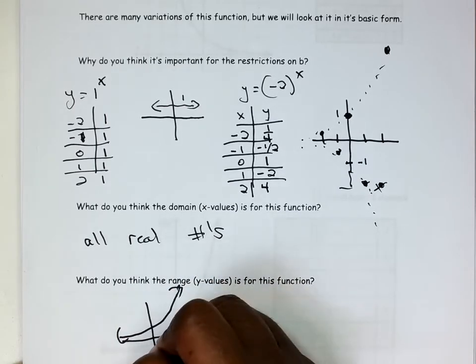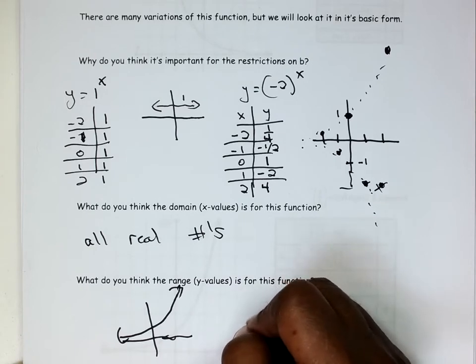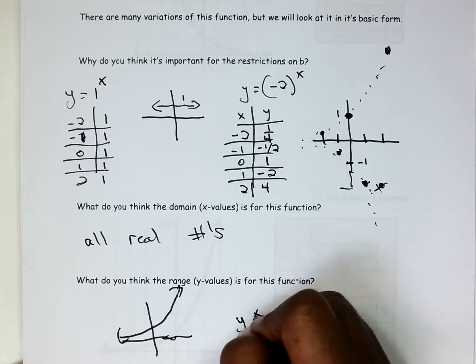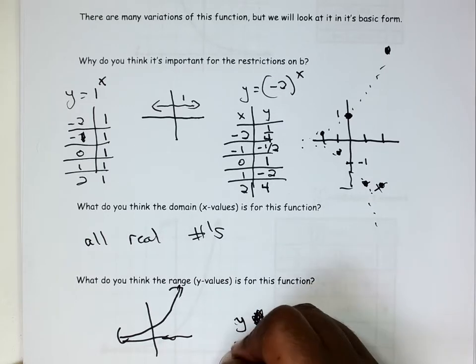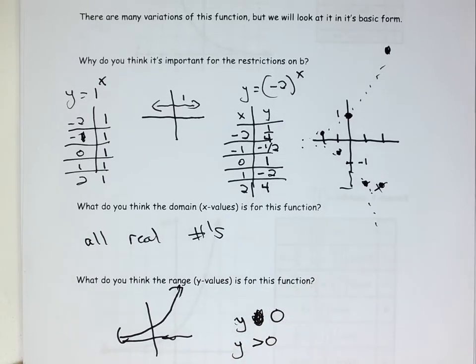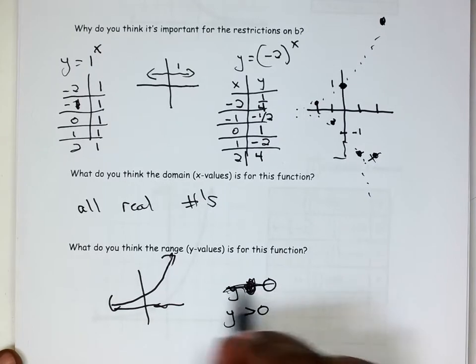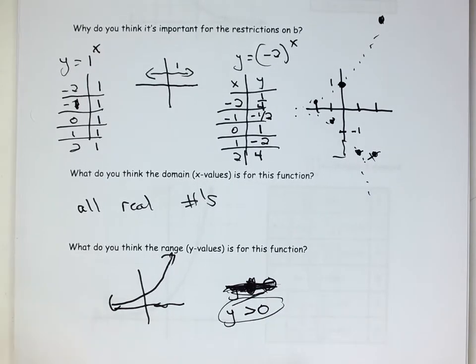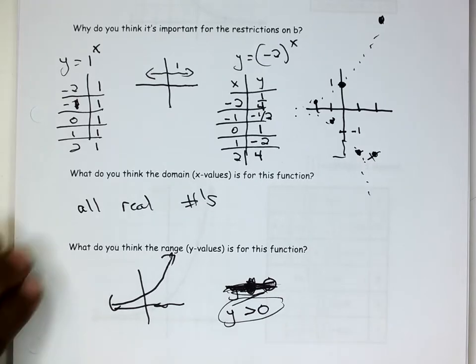So this is an example of what an exponential might look like. So my range is greater than 0. Not greater than or equal to. It has to be greater than 0 because, again, I'm taking a positive number and taking it to a power, so it can never actually equal 0.